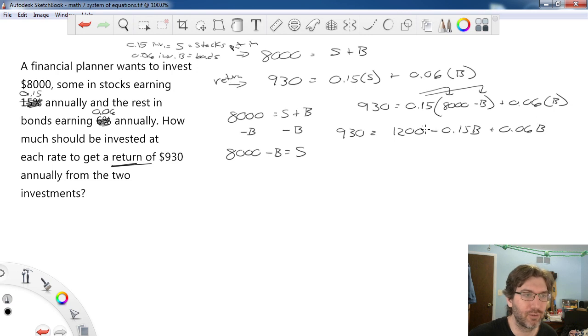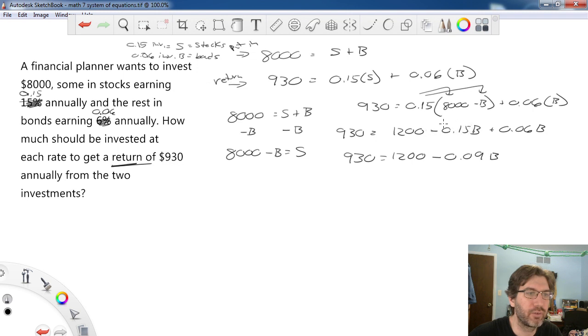You can still combine these like terms. Remember, this one here is a negative though. So I have negative 0.15 plus 0.06, and that is going to give me 930 equals 1,200 minus 0.09b. So I just combined our decimals here.